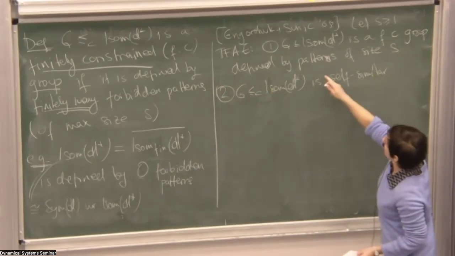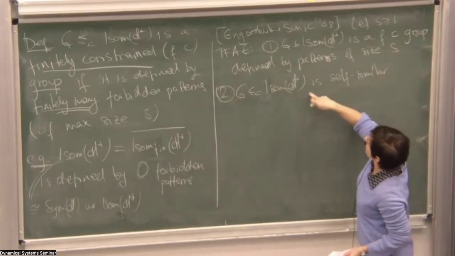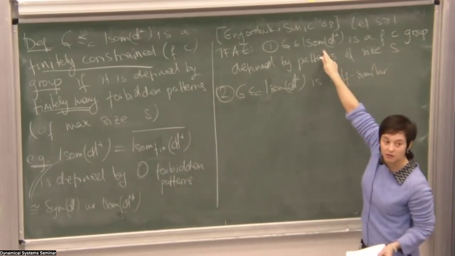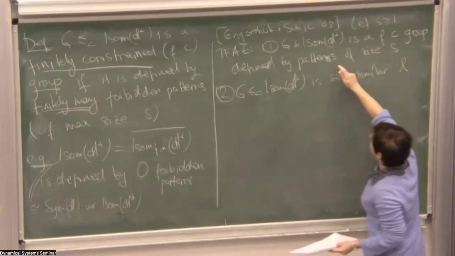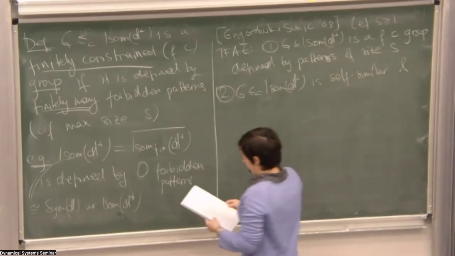Well, so far, I'm not really saying anything new. Closed self-similar means defined by forbidden patterns. But what's special about the fact that I only have to forbid finitely many?